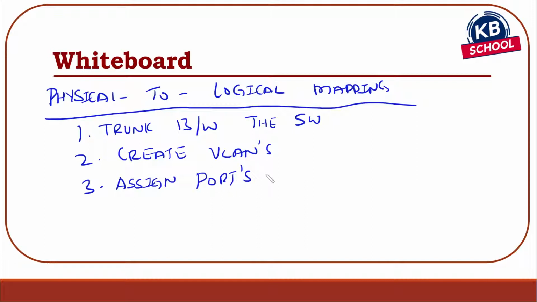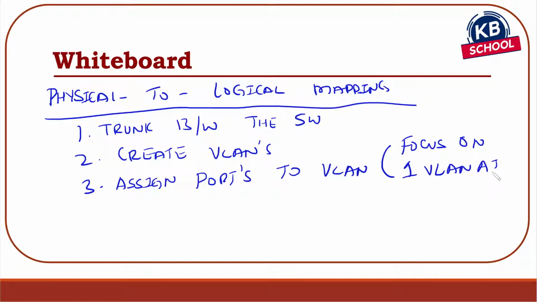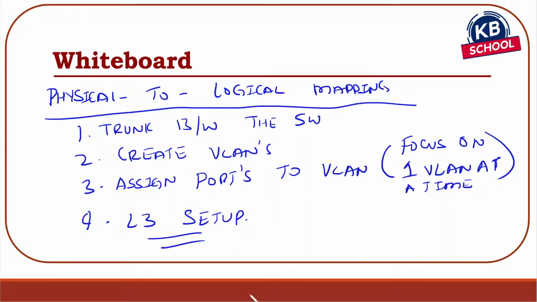And this is the one that you need to focus on one VLAN at a time. And number 4, the last one, is the layer 3 setup, which is IP addresses and routing.